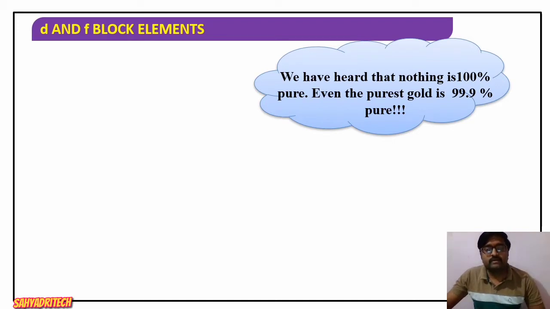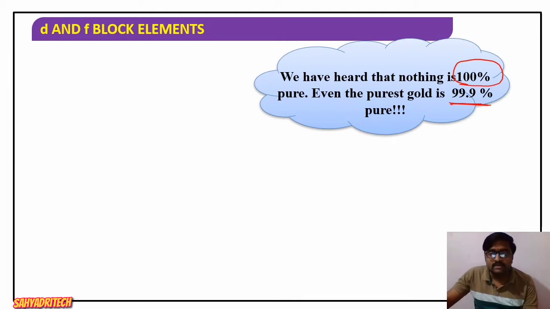While going for that concept, we have heard that nothing is 100% pure. If we consider anything regarding purity, nothing is 100% pure. Even the purest gold is about 99.9% pure.